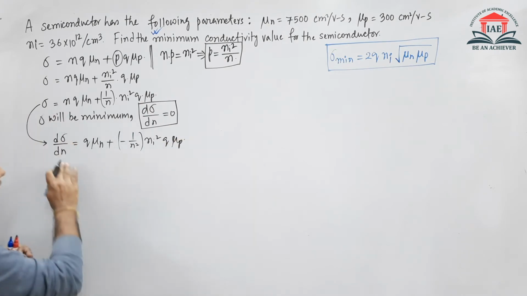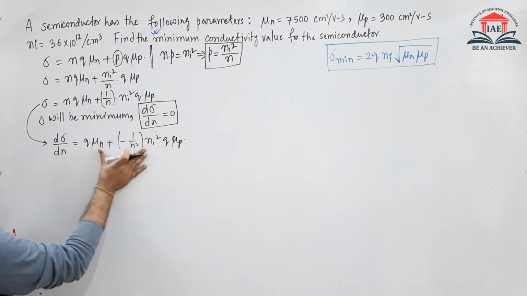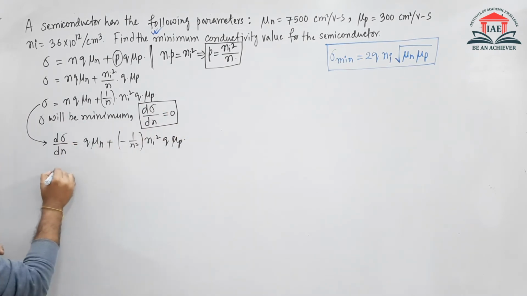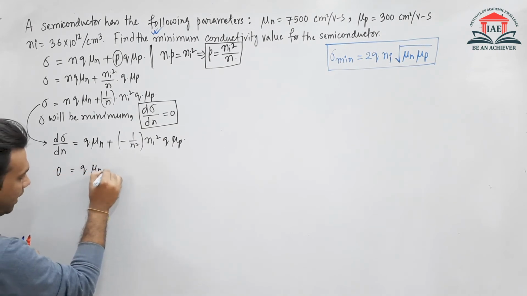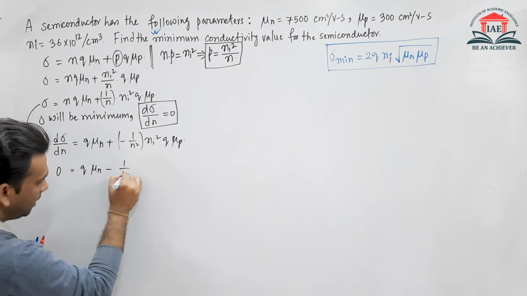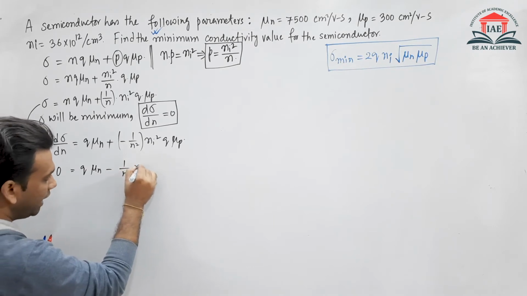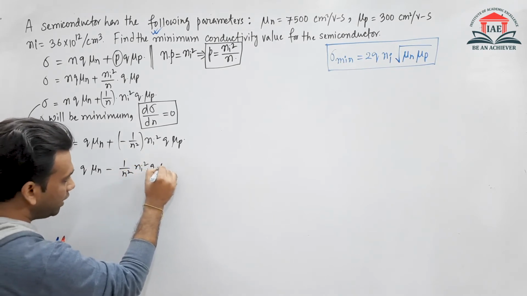So this will be the first derivative. So this first derivative should be 0. So that means यहाँ पे 0 आ जाएंगे. So that is q into mu n minus 1 by n square into ni square into q into mu p.